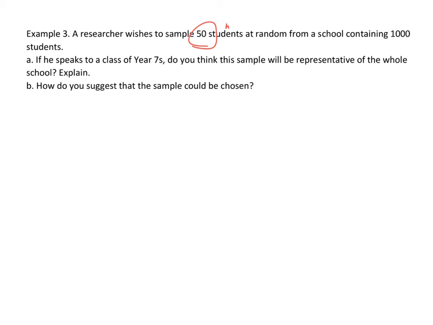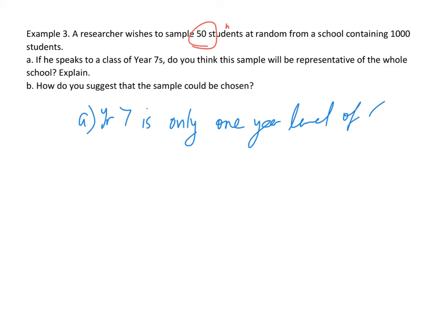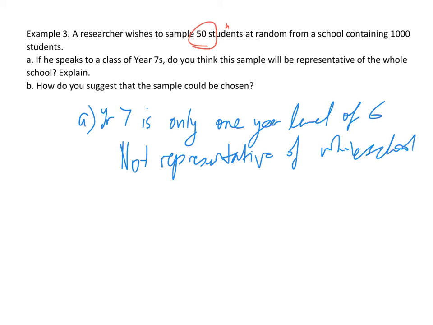So, hopefully it's quite obvious that year 7s is only one year level out of 6, assuming it's high school, and so it's not going to be representative of the whole school. Assuming, of course, that the whole school is made out of more than just year 7s. If it is just year 7s, then it would be a fair choice.